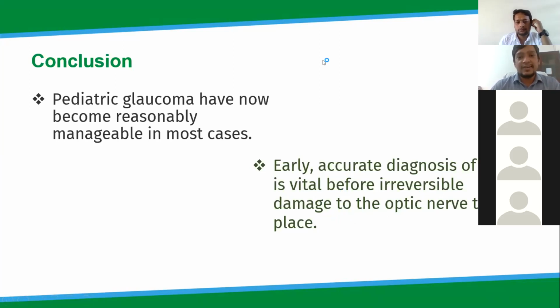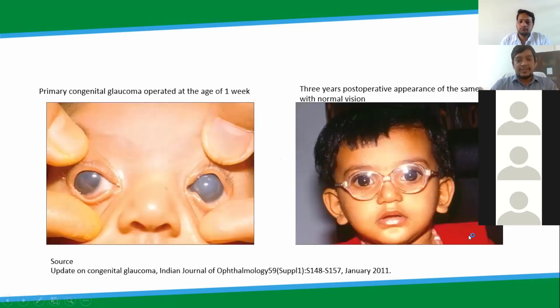And we all can do it, irrespective of whether you are an optometrist, a physiotherapist, a nursing student, a medical professional, or a general person. If you are able to identify these basic signs, we can easily screen the patient and send them to an ophthalmologist for proper management.